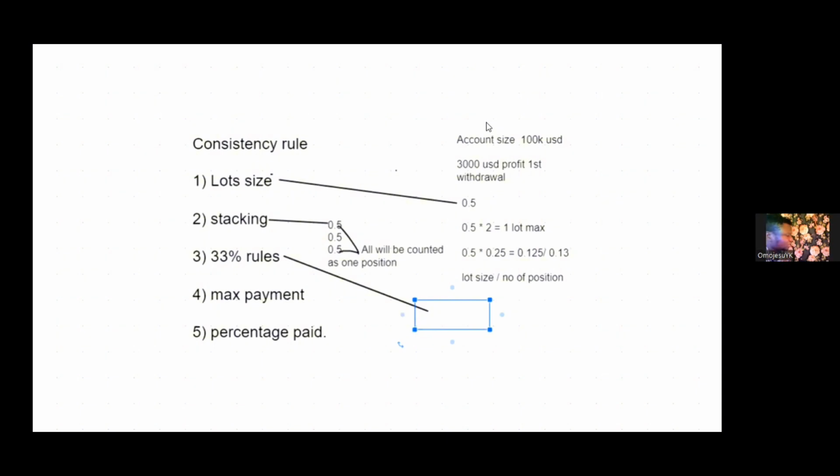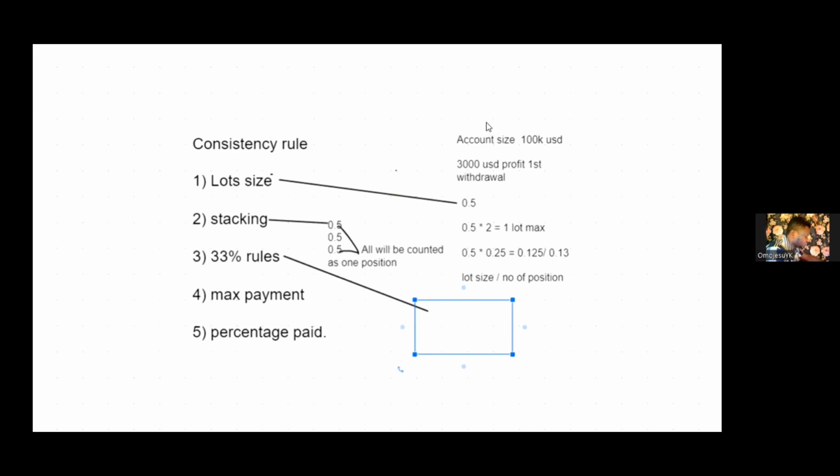Remember, we started with 100K. We are using a $100,000 account, for example, and the maximum profit is $3,000. Let's say you withdraw $3,000. Now the 33% rule says your one position of 0.5, the profit must not be more than 33%.